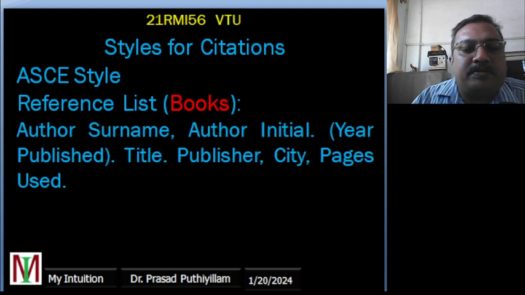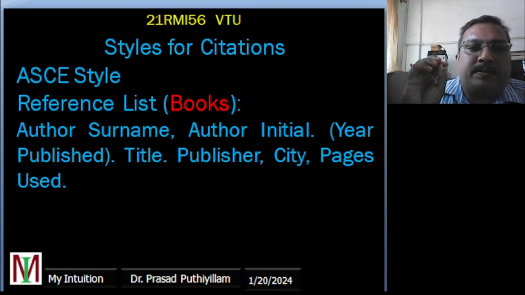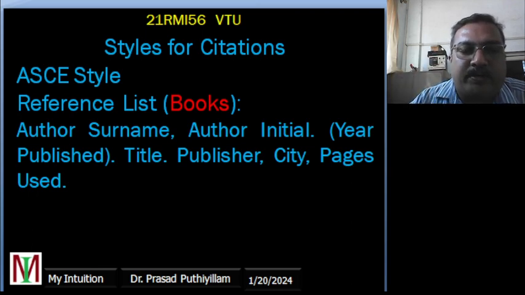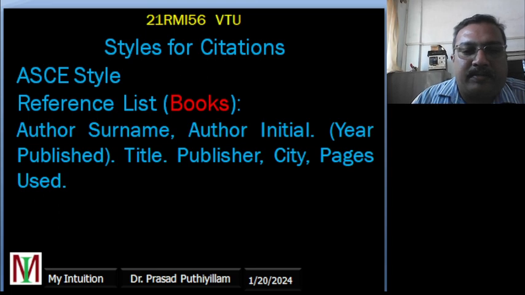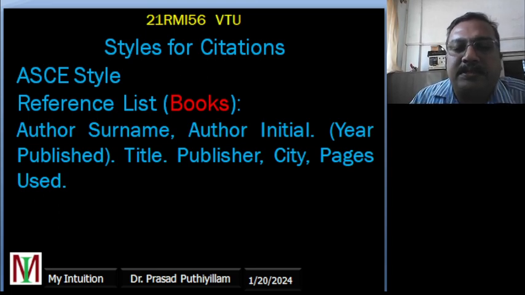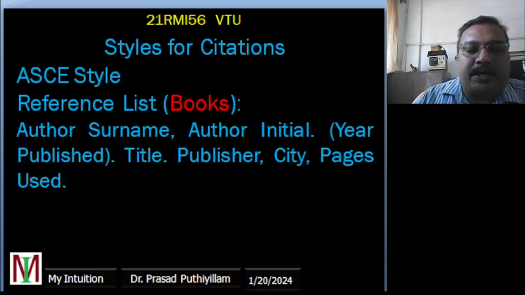It refers to the citation style, how we cite journals, textbooks, or even web pages. It has its own style, called the ASCE style, the American Society of Civil Engineers.